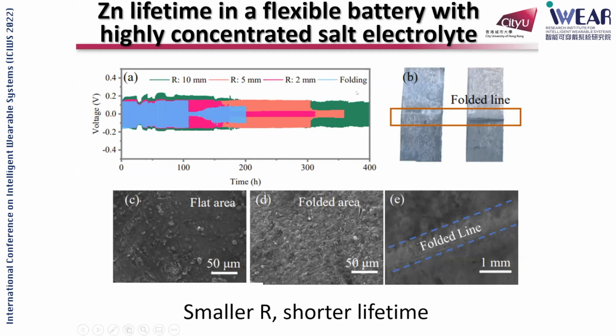You will see that if you fold, for example the blue line, there's a very short cycling life. And if R is larger, for example 10, there's a longer life. You have this kind of dependence, and you can see at the folding edge you get a lot of roughness here.